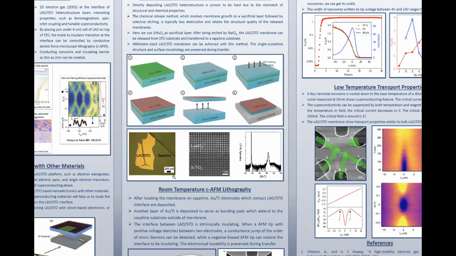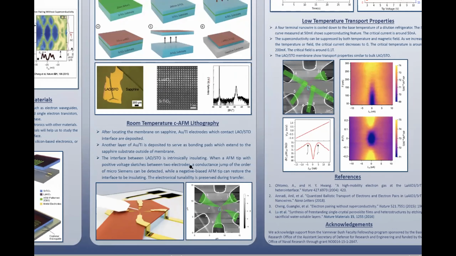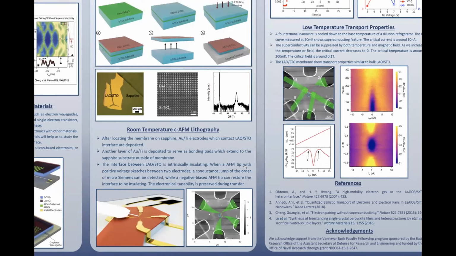In this picture, you can see we achieve a millimeter-sized LAO membrane with a sharp interface and a single crystalline structure. And then after depositing gold-titanium electrodes to contact the LAO/STO interface, we perform conductive AFM lithography to create this 4-terminal nanowire device on this canvas.